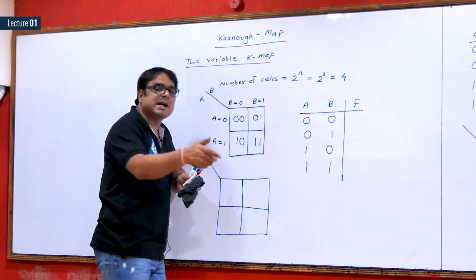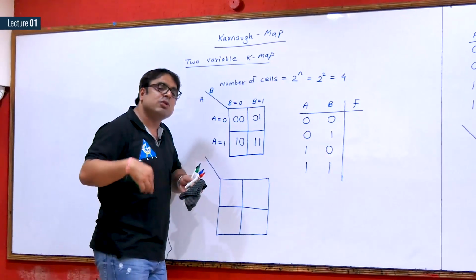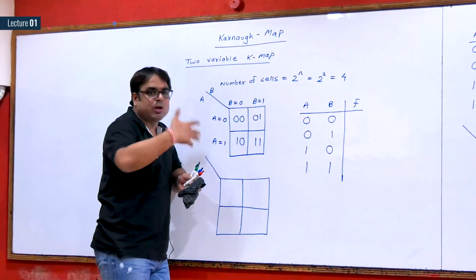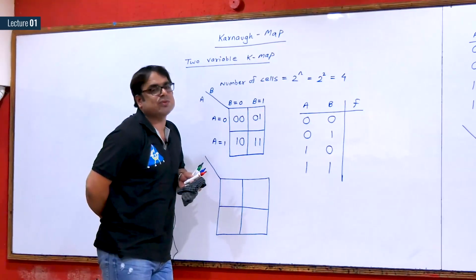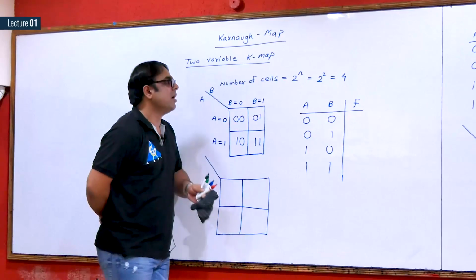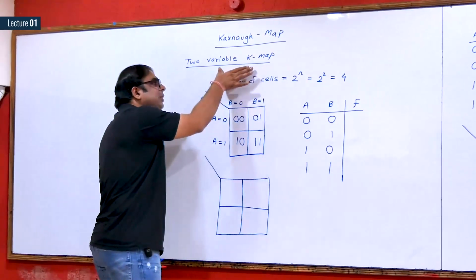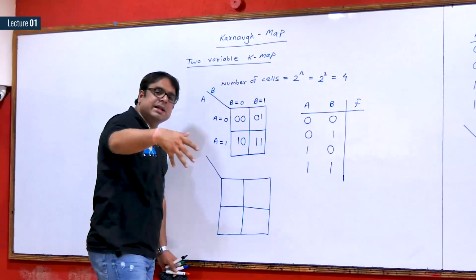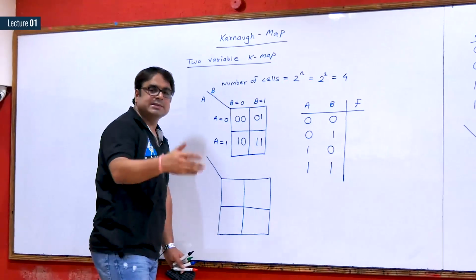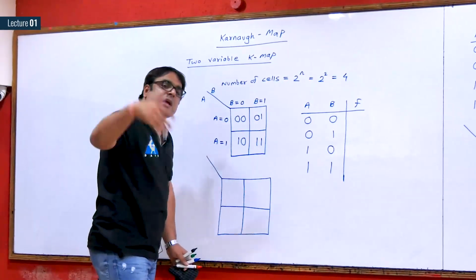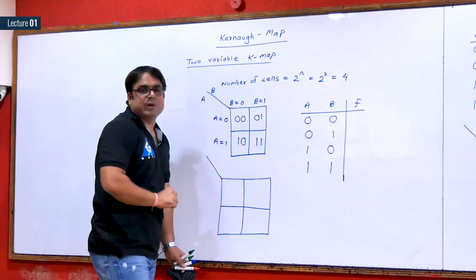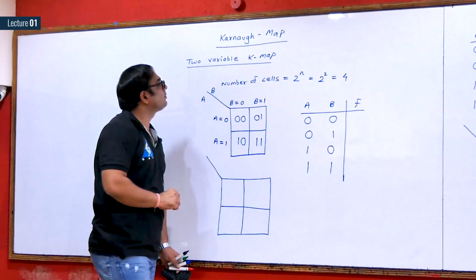Maybe you don't get a direct question, but it will always be used in all the topics till the end of sequential circuits. So first I am targeting two variable K-map. In the later videos we will target 3 variable, 4 variable, maybe even up to 5 variables as well.